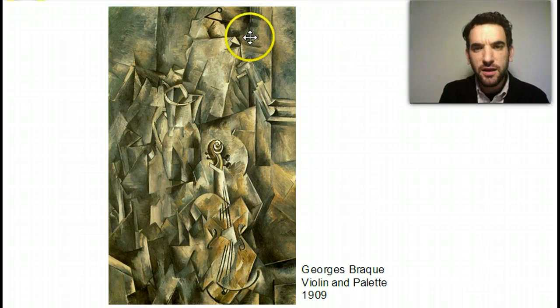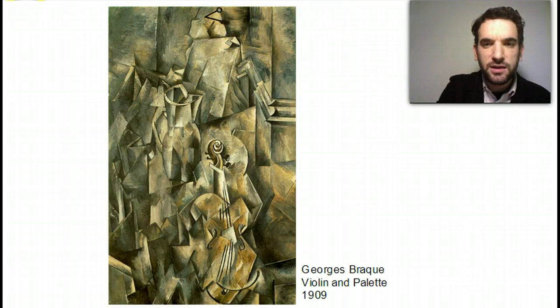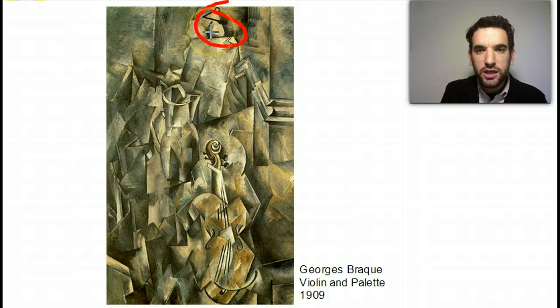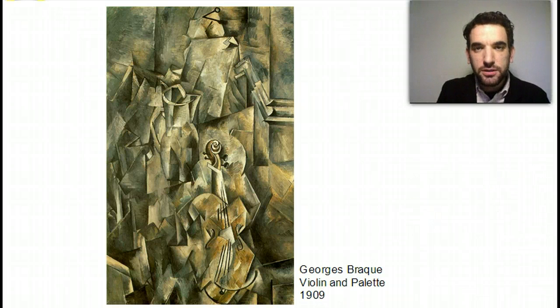Right up at the top, right here, there is a very dark hue of brown. It's actually brown. It's not black. It's just the way the color registers in these slides.